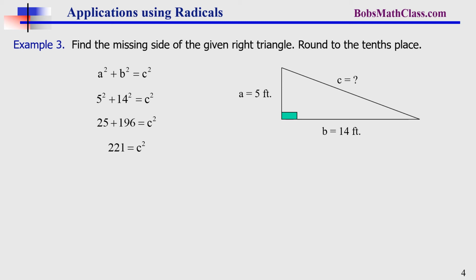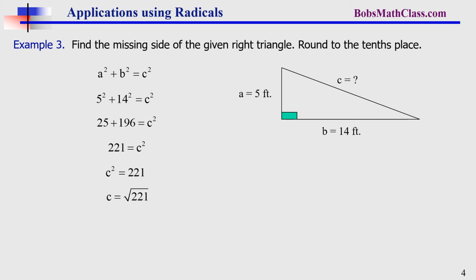That gives us 221. And now we're going to use the square root property. It's kind of backwards. It's not an x, it's a c, but that doesn't matter. If you want to, you could put the c on the left-hand side. Just rewrite it, c squared equals 221. If you don't want to, you don't have to. So again, what we're going to do is we're going to get rid of the square on one side, and we're going to put the square root on the other side. Get rid of the square, put a square root.